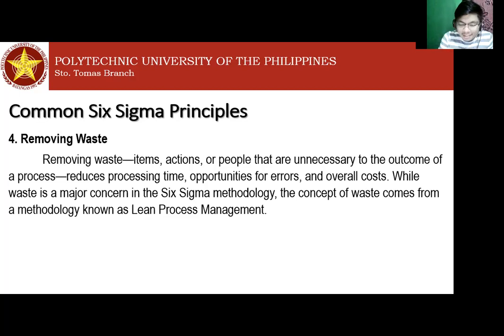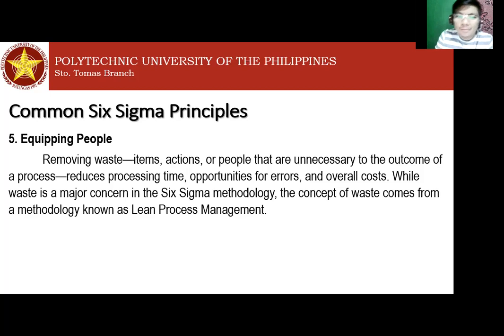So, si Sigma kasi nanggaling siya talaga, actually it started with lean process management wherein we are aiming for a zero waste process or zero waste production. Later on, we will run through ano ba yung different ways na meron tayo sa ating industries or sa productions.